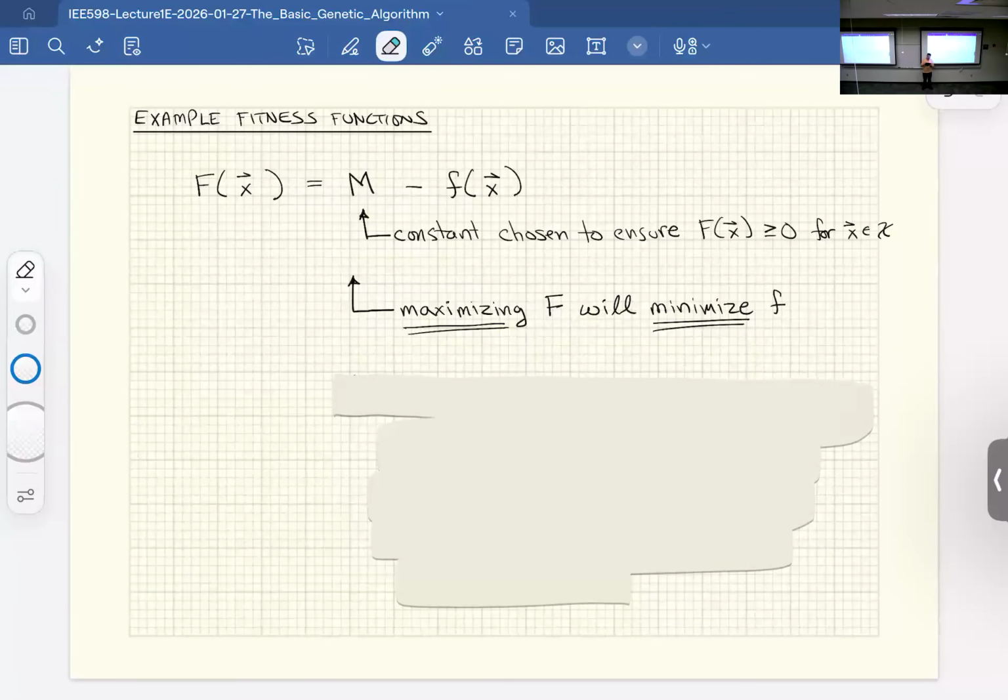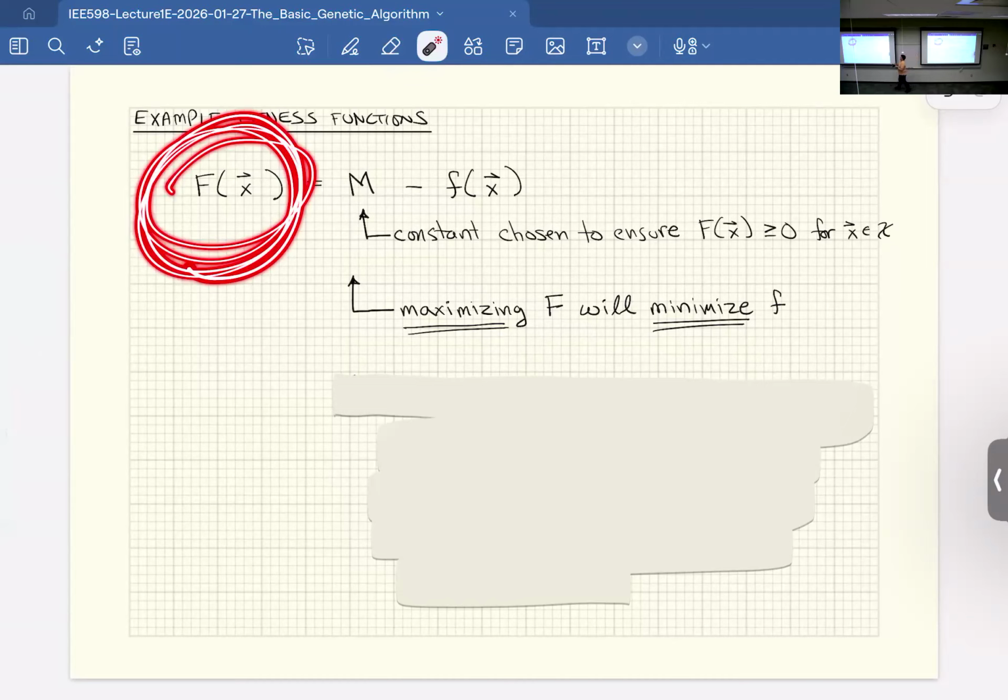And the idea is that if I maximize F, big F, I will minimize little f. That's how this fitness function is built, so that maximizing the big one minimizes the little one. That's why I have a negative there, M minus that.